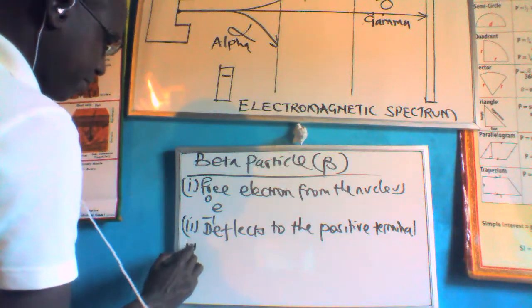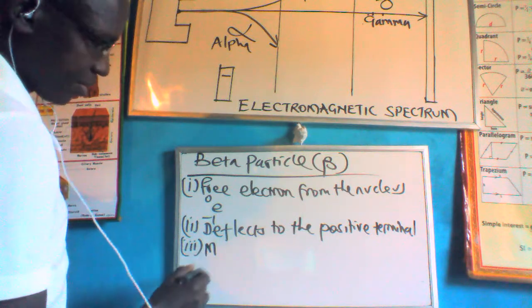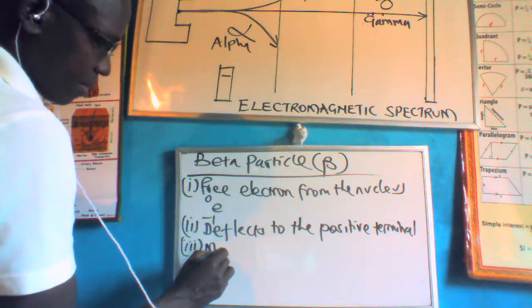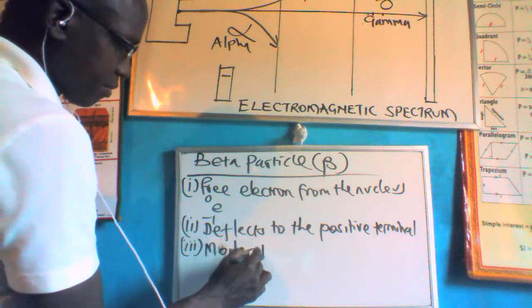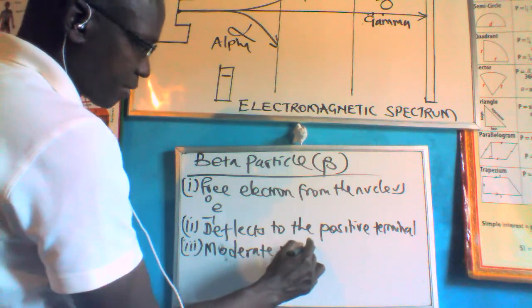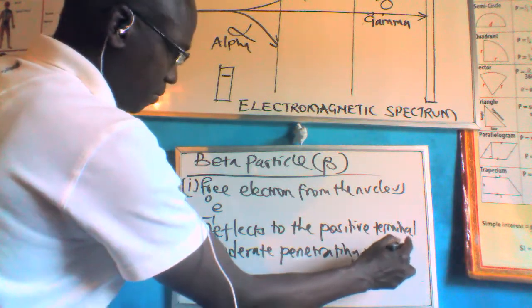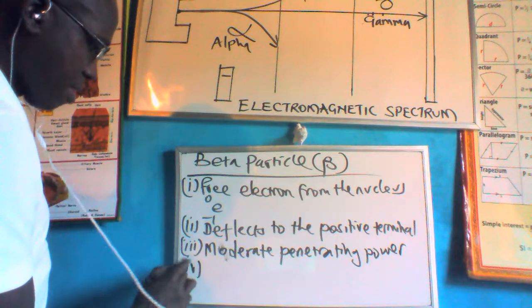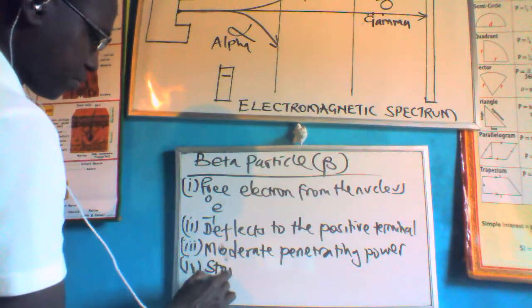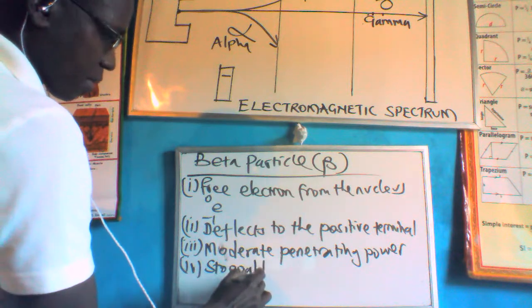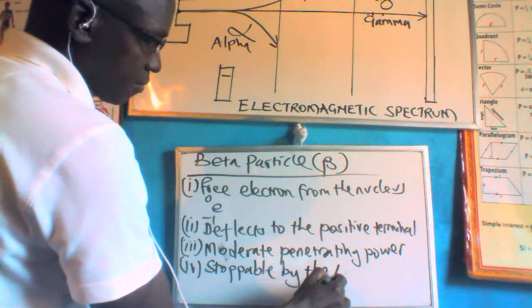Number three, it has a medium penetrating power. You could say moderate penetrating power. Number four, it is stoppable by the aluminum foil.